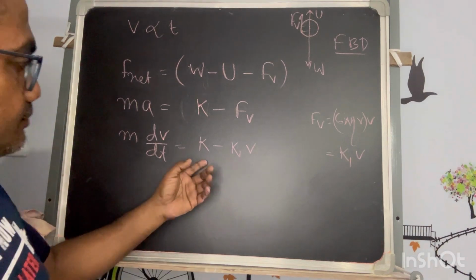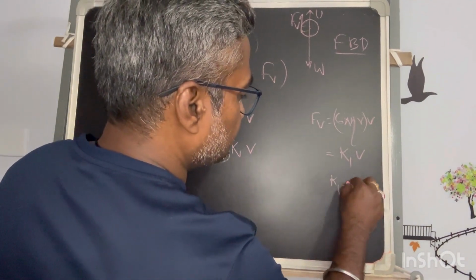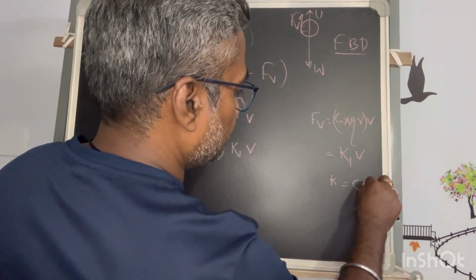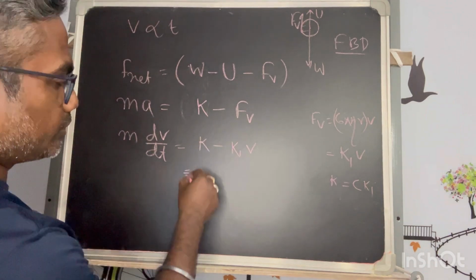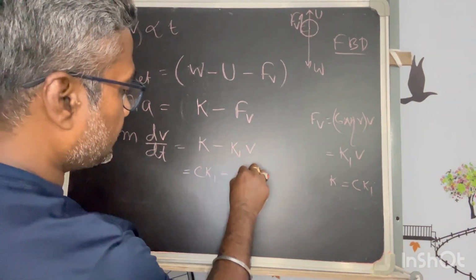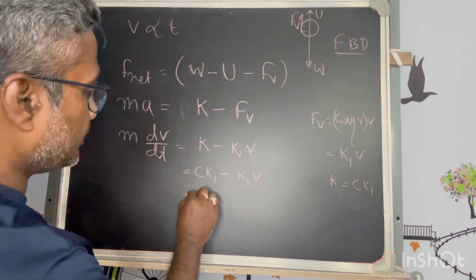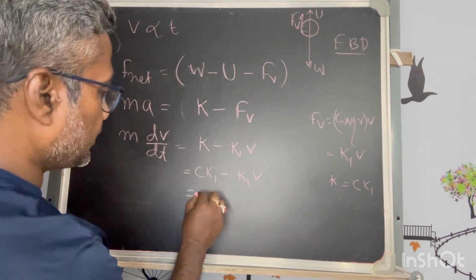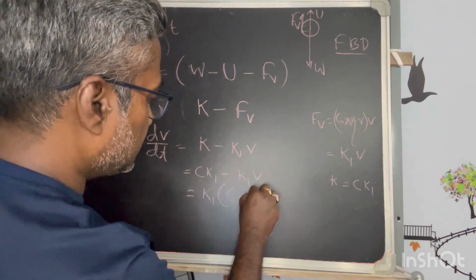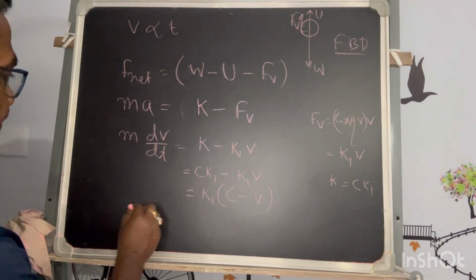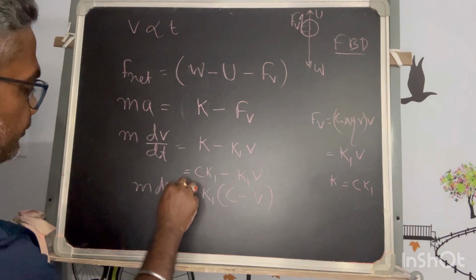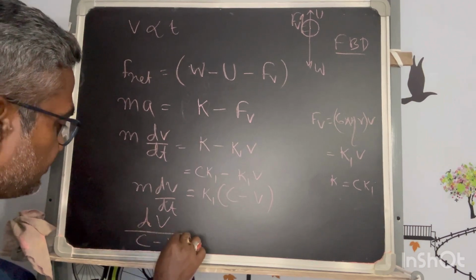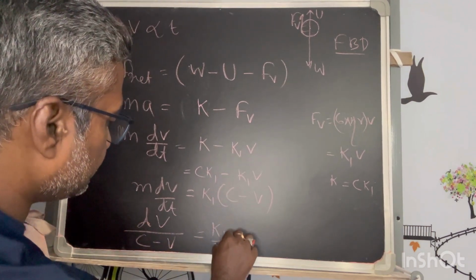Okay, now you can think of k as some constant into k1. Let's see. So c into k1 minus k1 into v, that can be possible because we are talking about all constants, so you can make some coefficient like that. So k1 into (c minus v). Okay, now this is m into dv by dt. So if I move it like that, dv by (c minus v) is equal to k1 by m into dt.